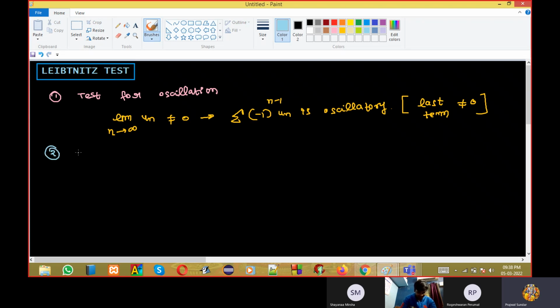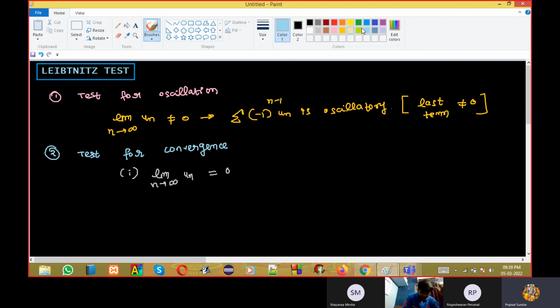And now we'll see the test for convergence. Listen carefully. There are two conditions we need to check, one by one. First condition: limit as n tends to infinity of un should be equal to 0.